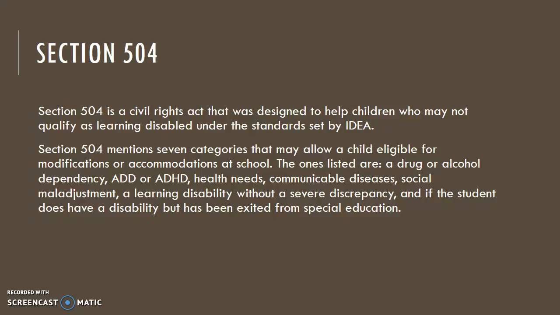The ones they list are drug or alcohol dependency, ADD or ADHD, health needs, communicable diseases, social maladjustment, a learning disorder without severe discrepancy, and a student who already has a disability but has been exited from the special education program.